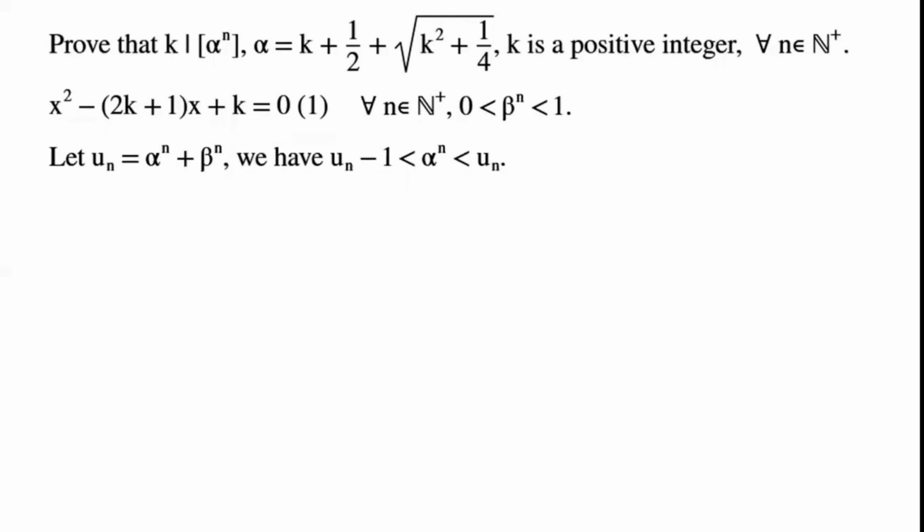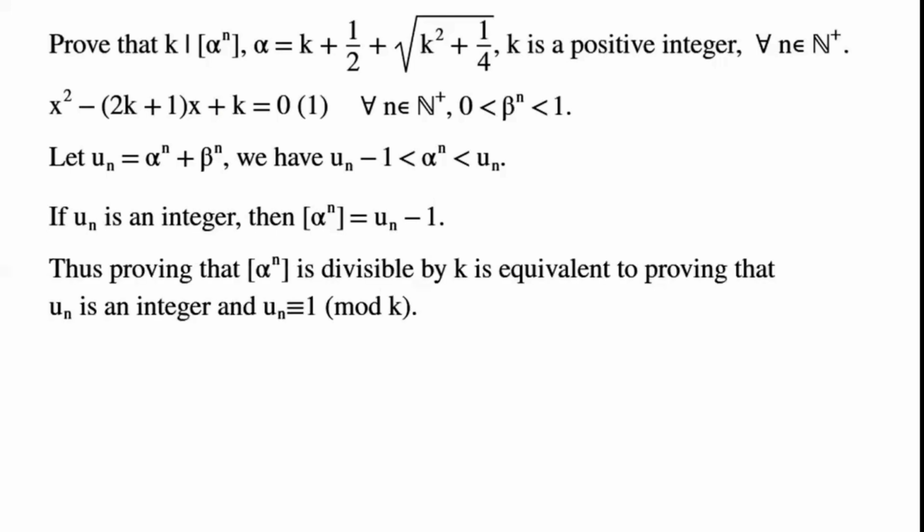Let un equal alpha to the power of n plus beta to the power of n. We have un minus 1 is less than alpha to the power of n is less than un. If un is an integer, then the integral part of alpha to the power of n equals un minus 1.